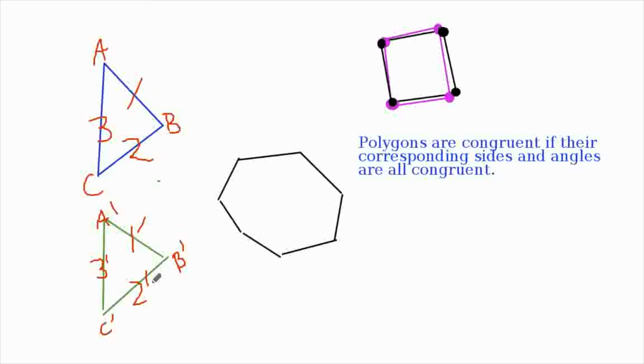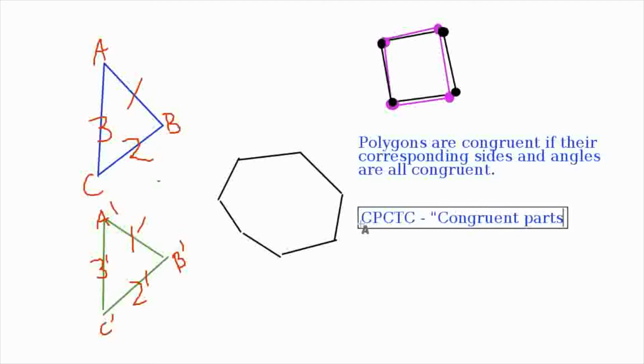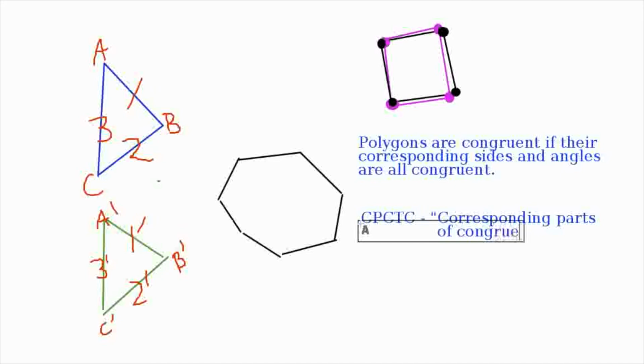Now, a triangle is a polygon with 3 line segments. Because we use this idea so much, we actually have an acronym that comes up all the time, which I will show you right now. People will use the phrase CPCTC. That says that corresponding parts of congruent triangles are congruent.